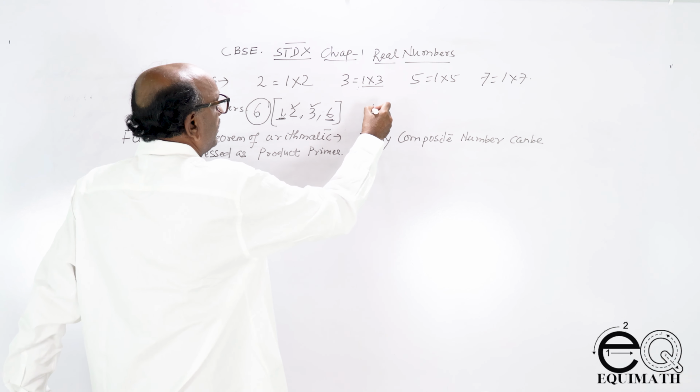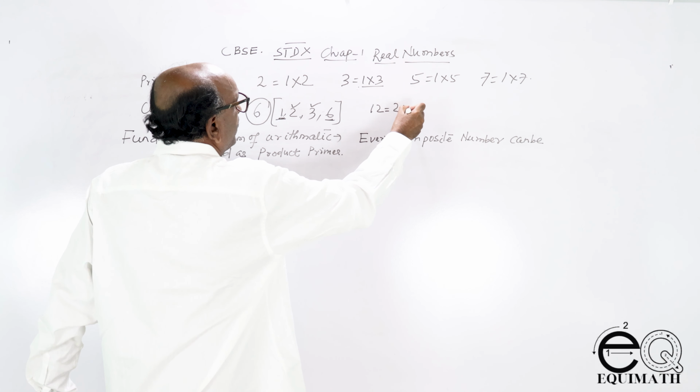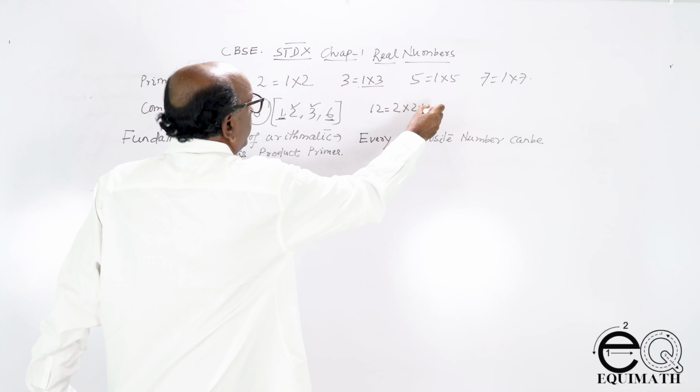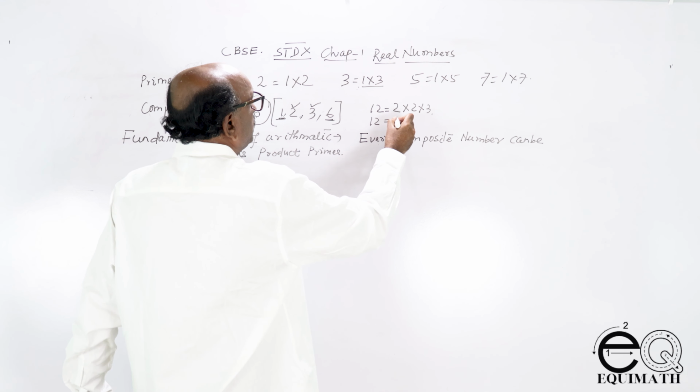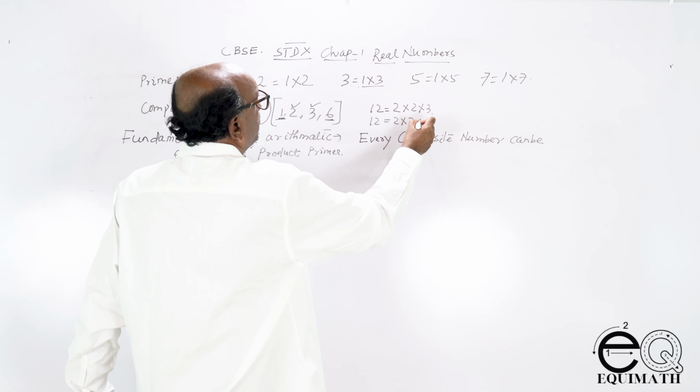Suppose 12. I can write it as 2 into 2 into 3, or I can write it as 2 into 3 into 2.